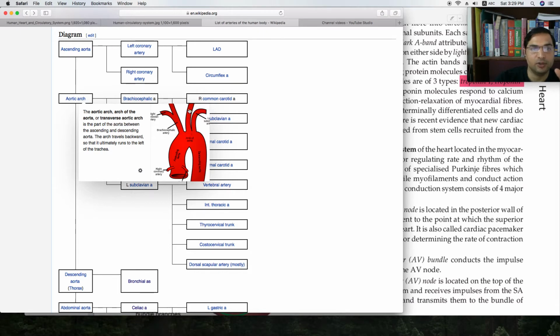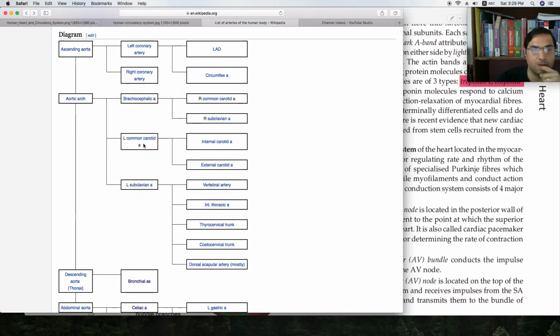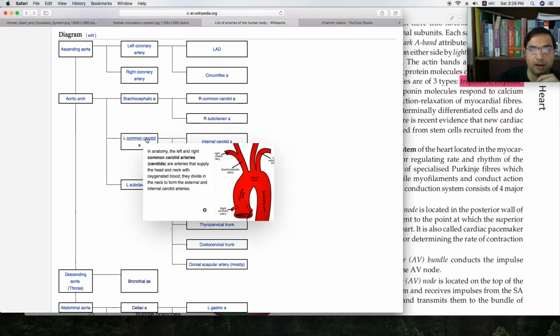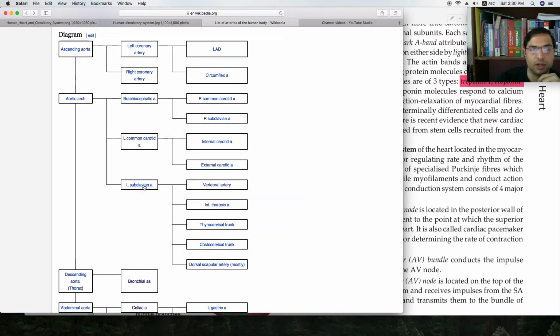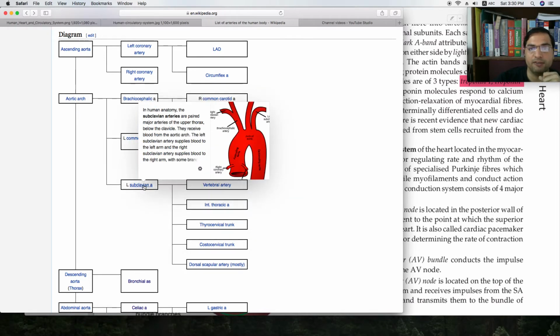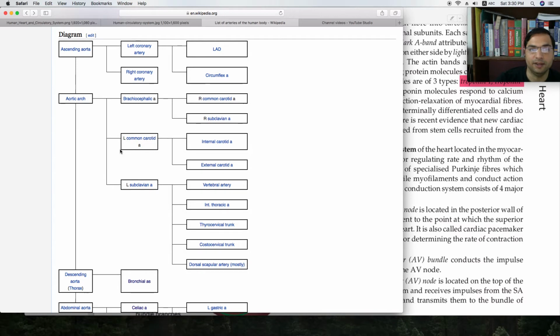The second which is going to the head region is called as common carotid artery. And the third is called as subclavian artery, the left subclavian artery. So once again, the arc of aorta is giving three branches. First is brachiocephalic artery, second is left common carotid artery, and third is left subclavian artery, right? L here represents left, right?